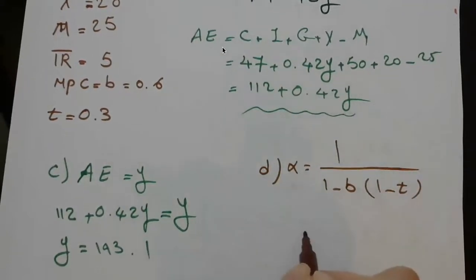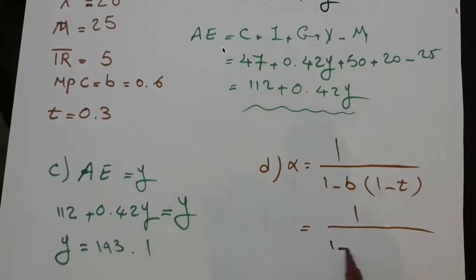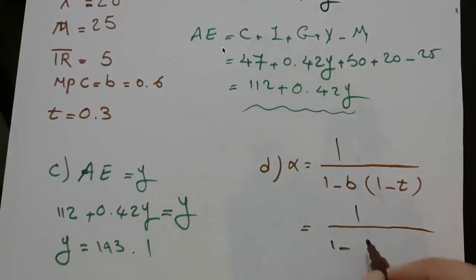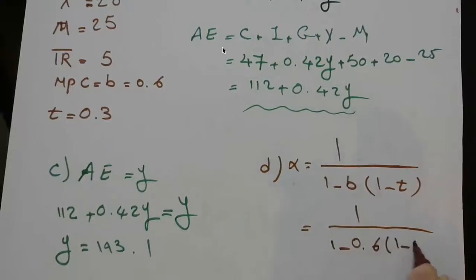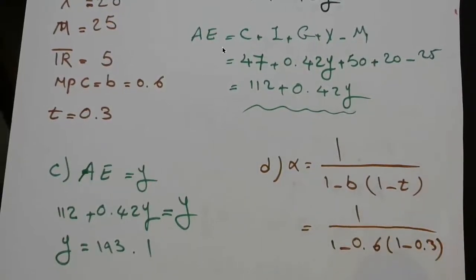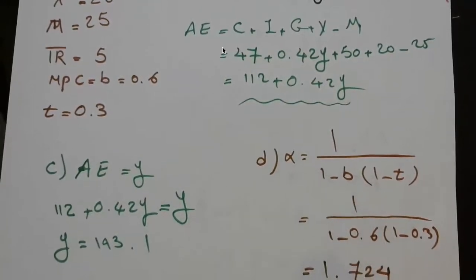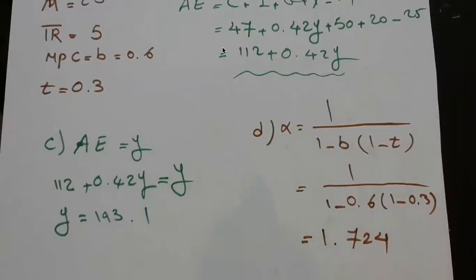So that's why you have to put 1 minus 0.6 and 1 minus 0.3. The final number should be 1.724. This is the multiplier effect.